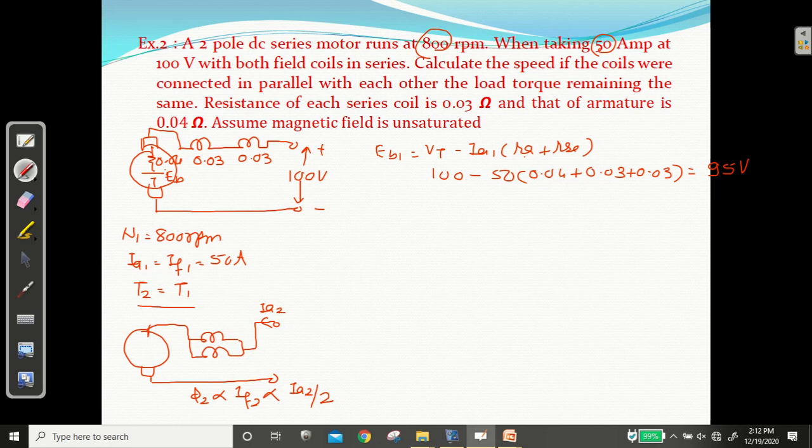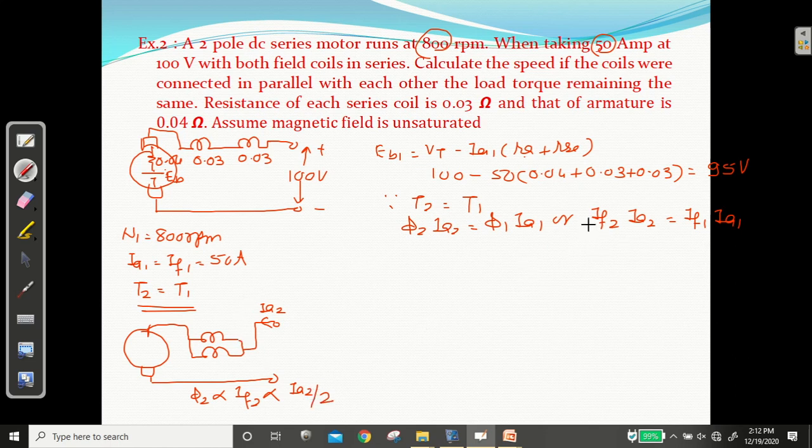This is given: T2 equal to T1. So since T2 equal to T1, to find IA2 we will use the torque condition. T2 equal to what? Phi 2 IA2 equal to phi 1 IA1. Instead of phi, we take the field current: IF2 IA2 equal to IF1 IA1. IF2 is what?